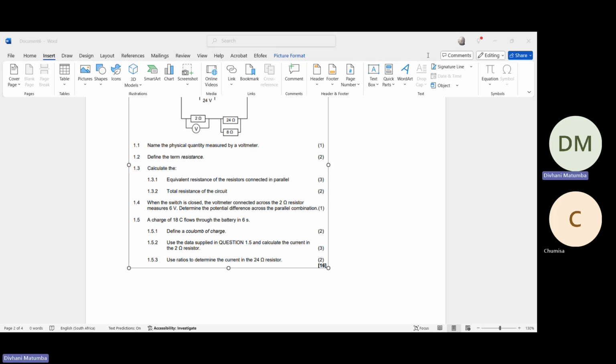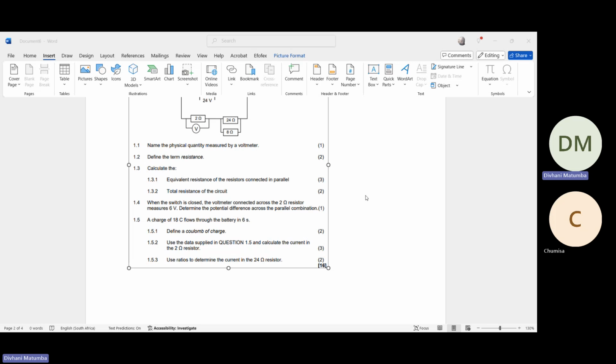And what is the unit of potential difference? I think it's V. Yes, it's volts. Okay, so I wanted to check which definition you use in your syllabus, because I was afraid that the definition that I was going to give you was going to be out of the syllabus.